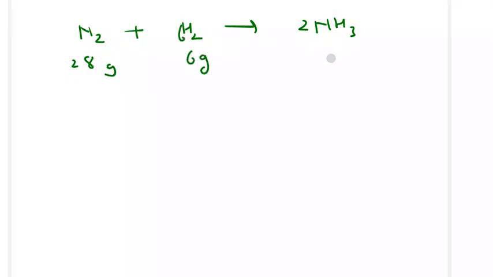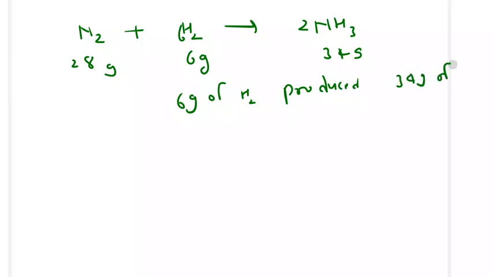If we see the balanced equation again, after balancing, 6 gram of hydrogen produced 34 gram of ammonia. Similarly, 1 gram of hydrogen produced 34/6 gram of ammonia.